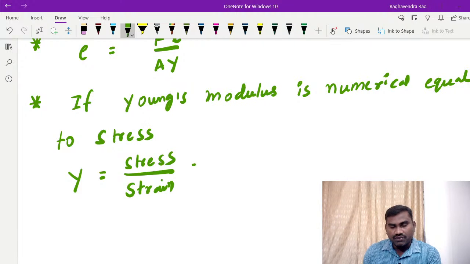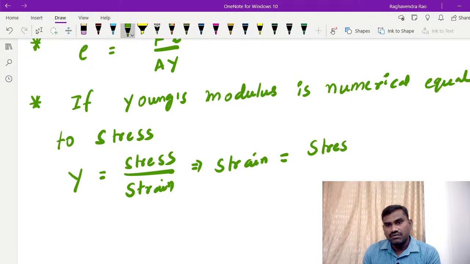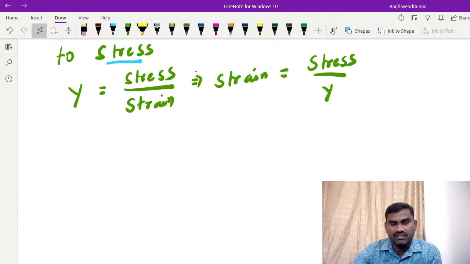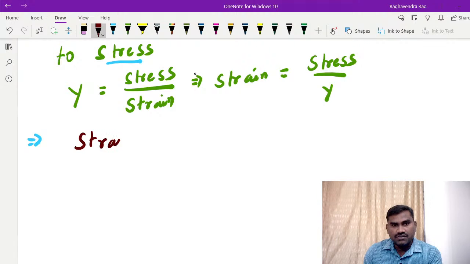Now from this we can write strain is equal to stress by Y. Now what they are saying, Young's modulus is numerically equal to stress. So stress and Young's modulus both are the same, which implies strain is equal to 1.